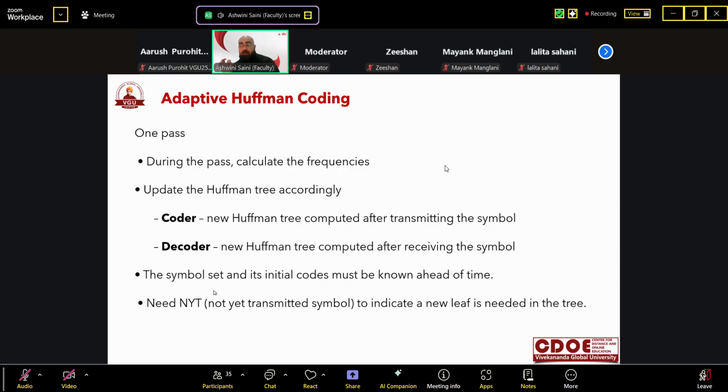NYT is the not yet transmitted symbol, to indicate a new leaf is needed in the tree. Whenever a new leaf is inserted, a new leaf means a particular character or symbol that is not encountered so far. I will give an example so you will easily understand the meaning of that.